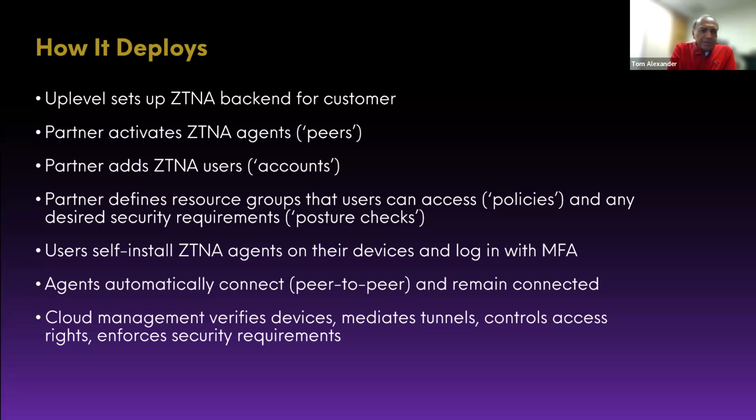Then you add accounts, and after that you can start defining resource groups, connecting, and everything else after that is handled automatically. Agents connect in, the IDP verifies things, cloud management verifies the devices and controls access rights and all the rest of it. So once the setup is done, it is almost self-running in many ways.